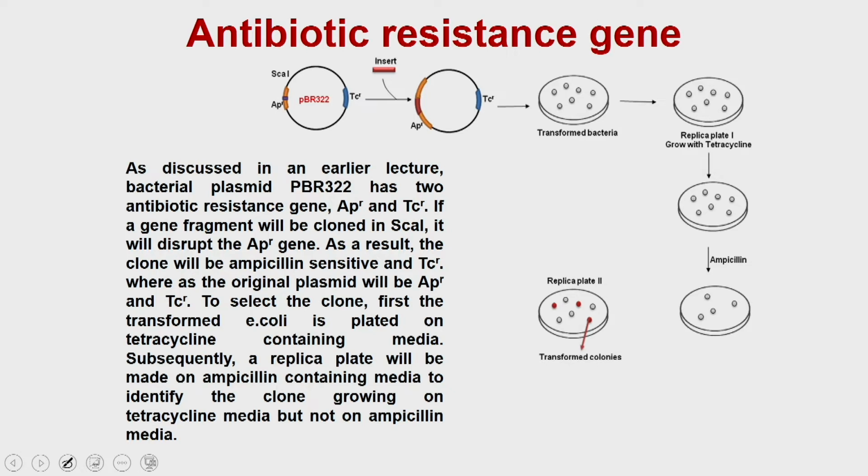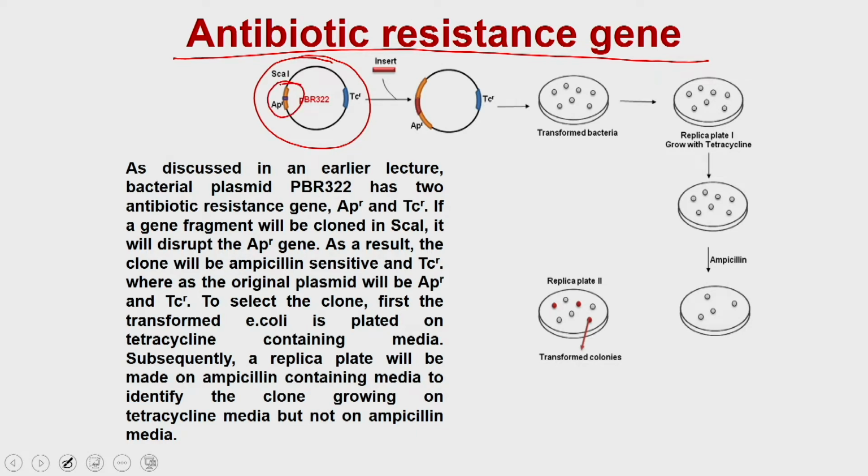Now, let us talk about the antibiotic resistance gene. If you remember, we have discussed pBR322, one of the classical and first vectors developed by molecular biologists, and pBR322 has two antibiotic resistance genes.